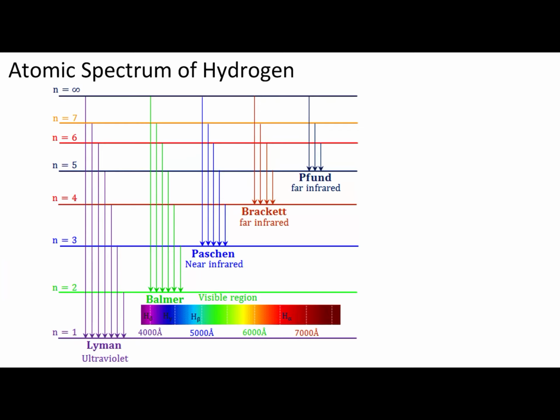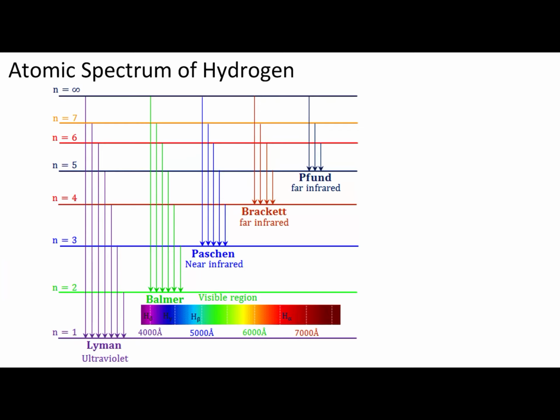The value 109677 centimeter inverse is called the Rydberg constant and it is denoted as RH. For hydrogen, the Rydberg formula explains the different energies of transition that occur between energy levels.